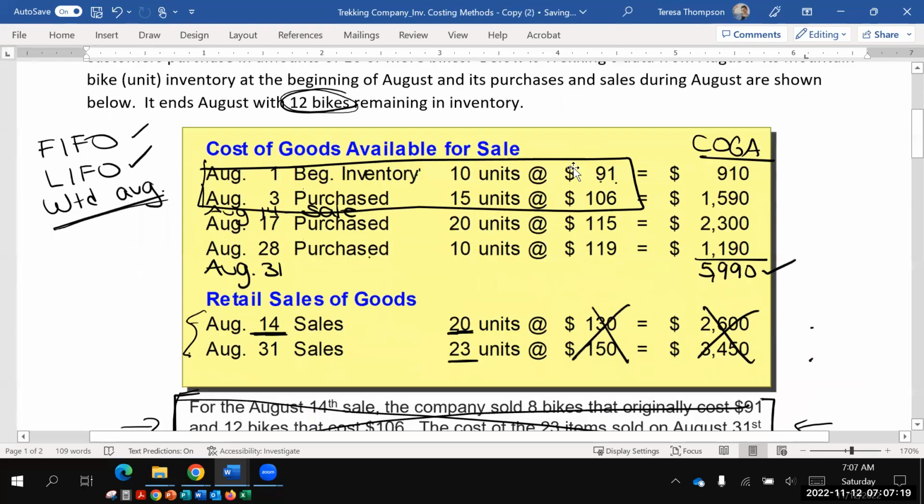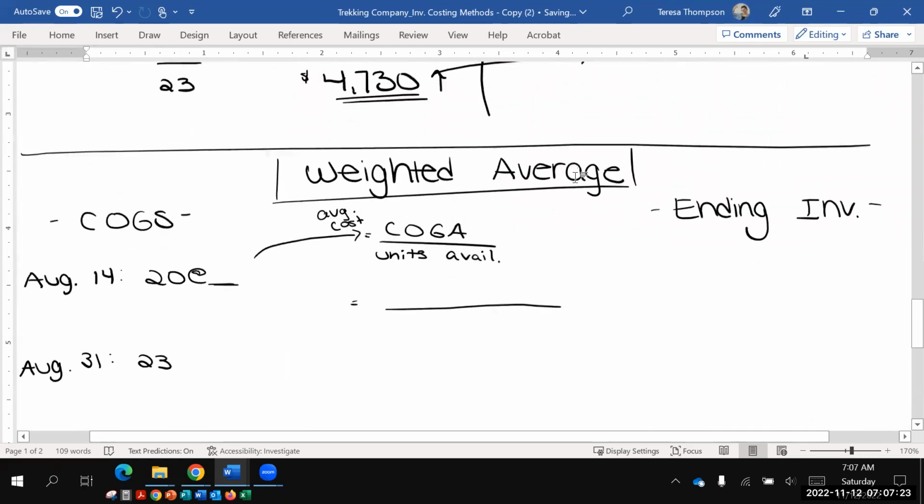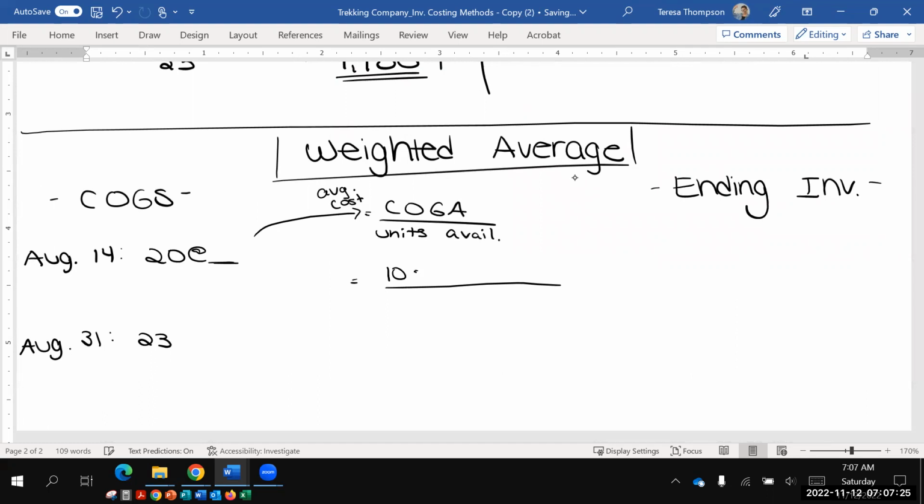Okay, 10 units at 91, 15 at 106. 10 at 91 plus 15 at 106. The units we had available, 10 and 15 units. Okay, math that out.